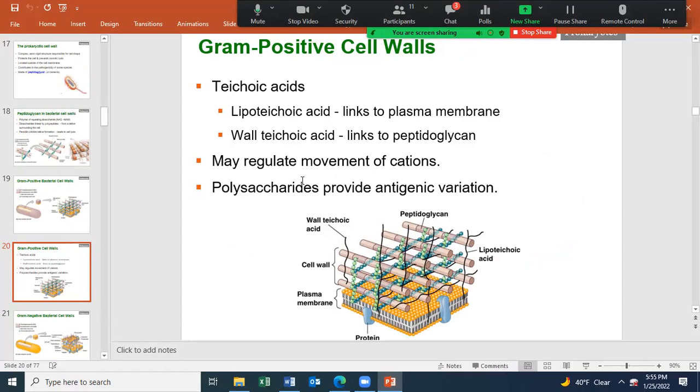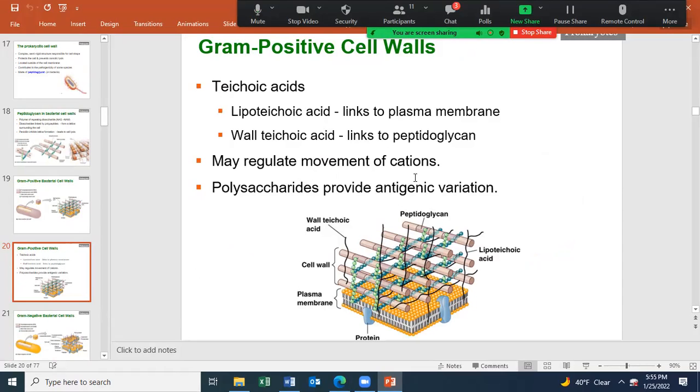The teichoic acid may help regulate the movement of cations, meaning a positively charged ion appears to like to move down the teichoic acid.